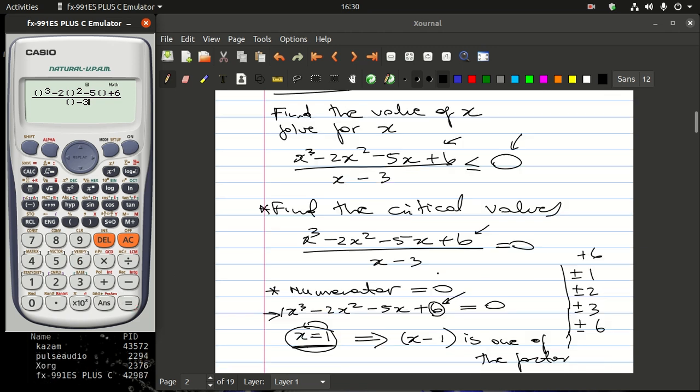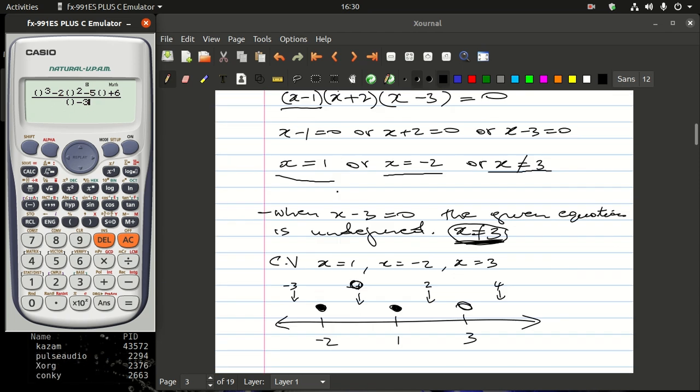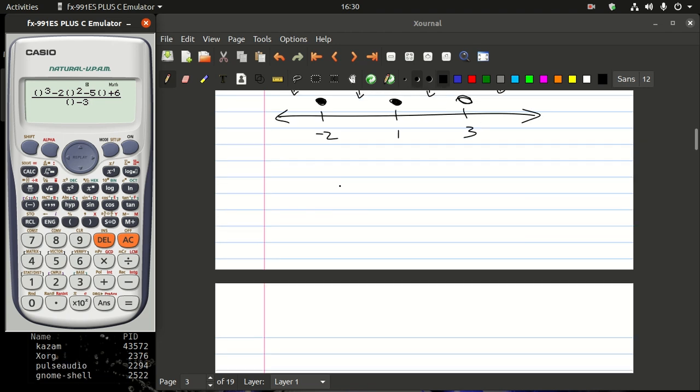But if you look carefully at this, if you have a calculator, you can work these numbers out, plugging them there. But if you don't have a calculator, there's an easier way for this.